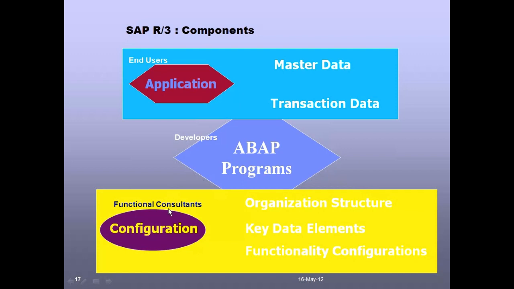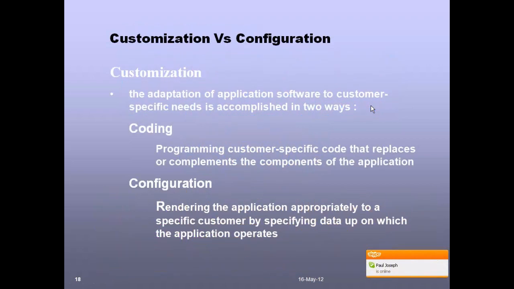So as you can see here, unless you have an organization structure or key data elements and functional configuration, ABAP programs will not work. If there are no ABAP programs, neither transactional data nor master data can be maintained, right? So these are the benefits, or the process flow for working with the SAP components.